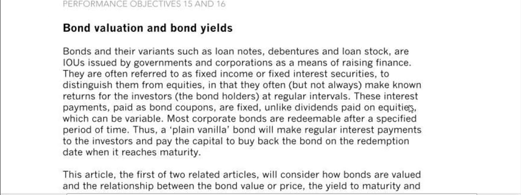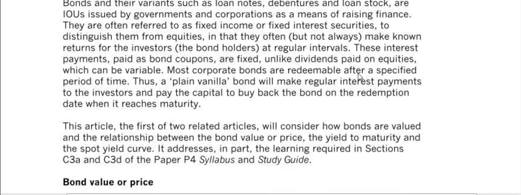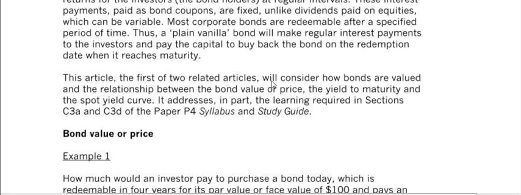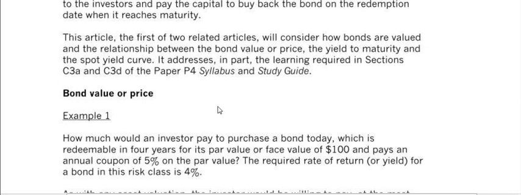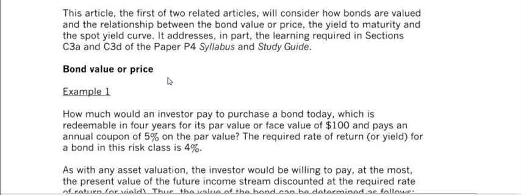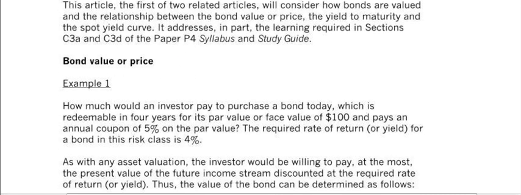There are 5 mini examples here, and that is what I'm going to explain in this particular explanation. The first one is going to be bond value or bond price.